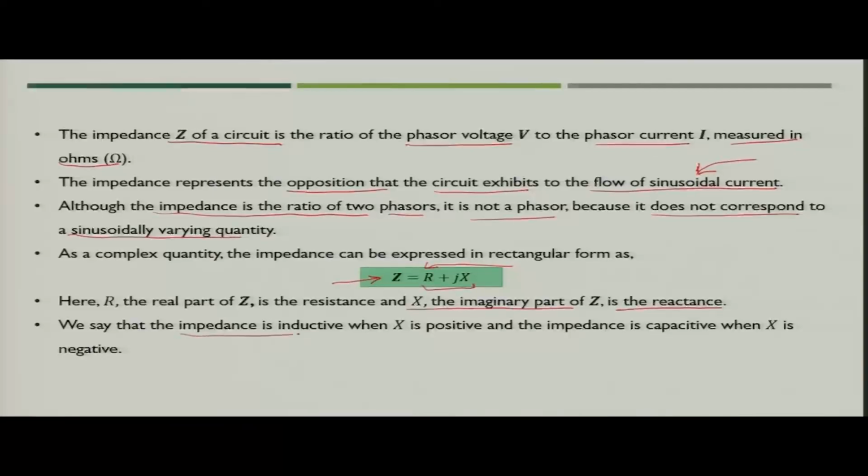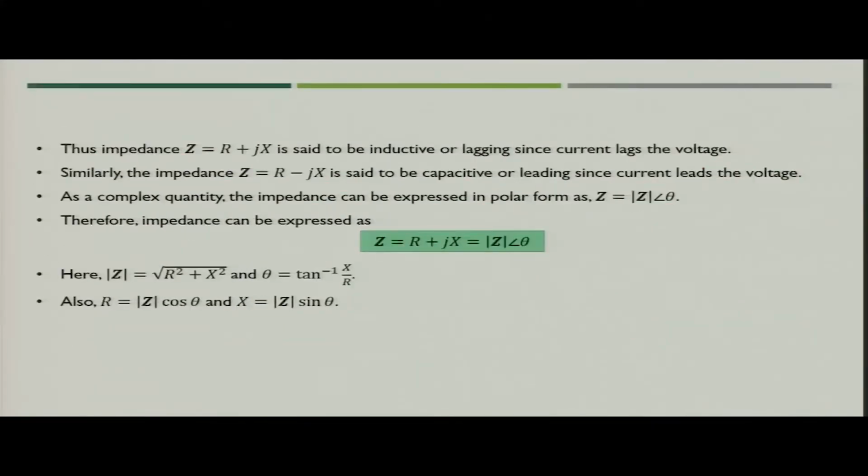Now, impedance is inductive when X is positive. So, if you are writing Z is equal to R plus jX and X is positive, it means the impedance is inductive, while it is capacitive when X is negative. So, in that case the impedance would be a capacitive impedance.